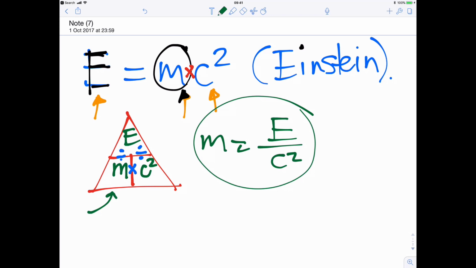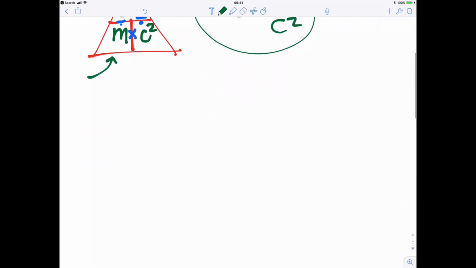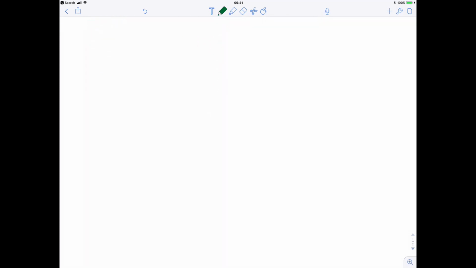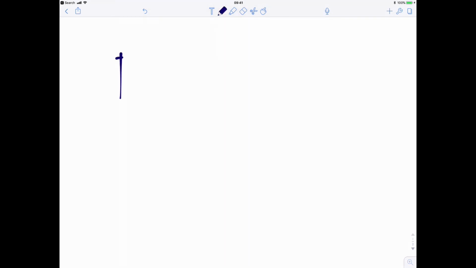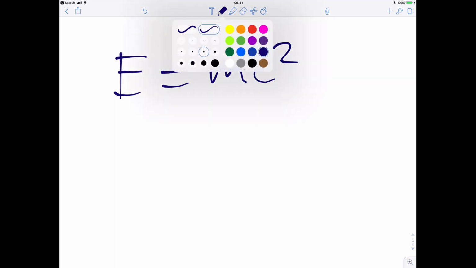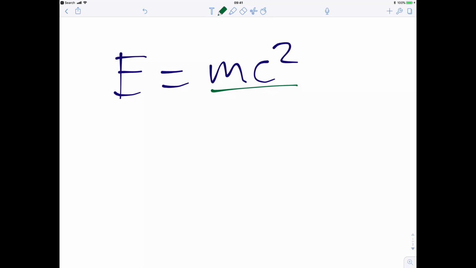Okay, so this is one way of doing this, but we can also just divide both sides. If we want m to be the subject, we divide both sides by c squared. So if I have E equals mc squared, to make m the subject, I'm just going to divide both sides by c squared.